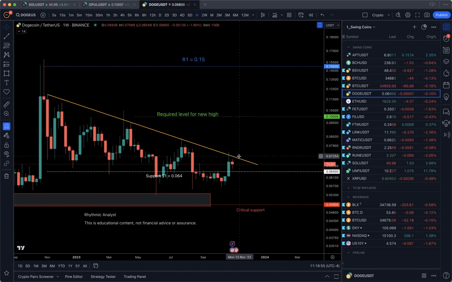Basically, this is the boundary, and this is the boundary: 0.072, and then this level 0.064. So right now it's a consolidation zone. But another attempt, the likelihood of breakout is about this. And then this is another zone to be overcome.